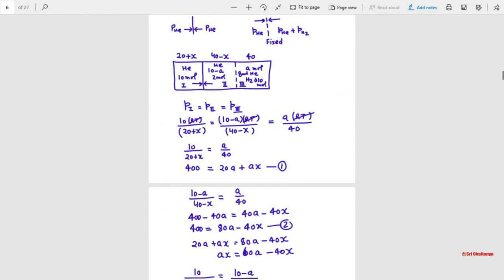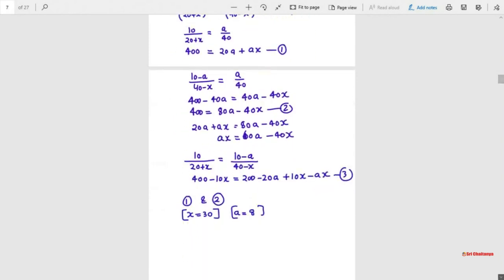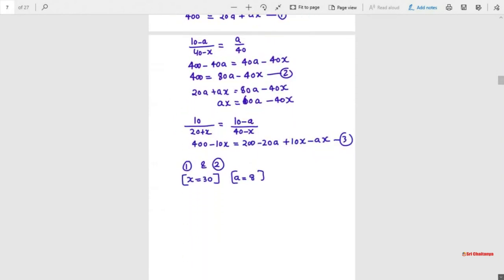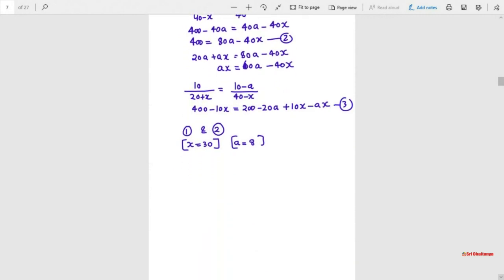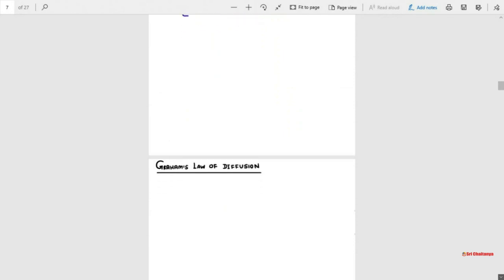So the number of moles of helium gas in the first container will remain the same, but 8 moles of helium will be present in the third container, and 2 moles of helium gas will be in the second container, right? So by using the concept of partial pressure, we have made these equations. These are simple equations. On solving them, we get the value of x and the number of moles of helium gas present in these three compartments.